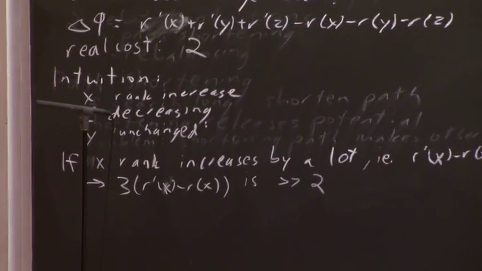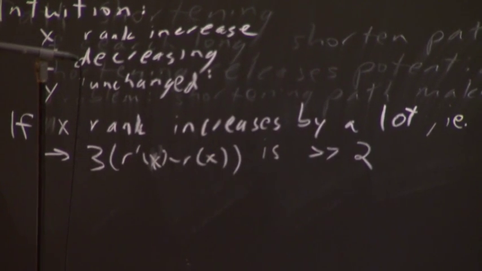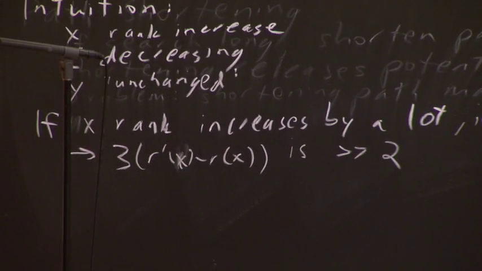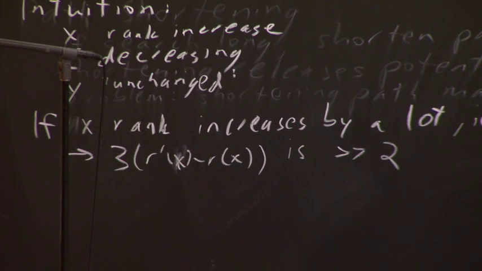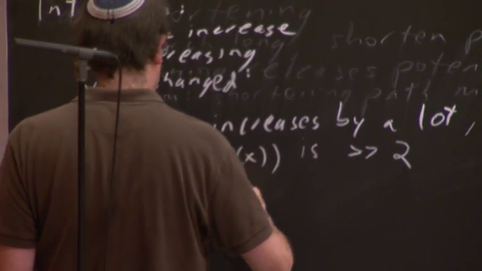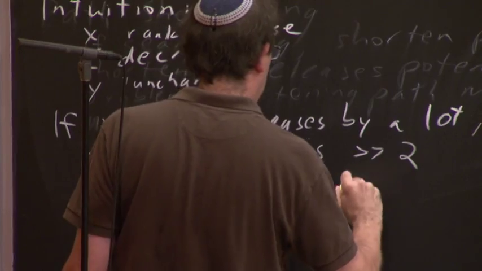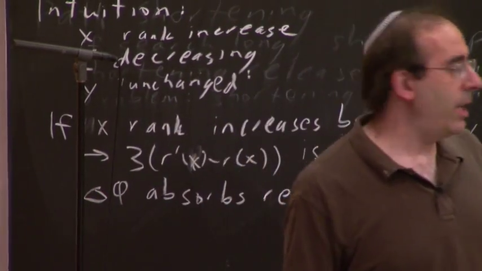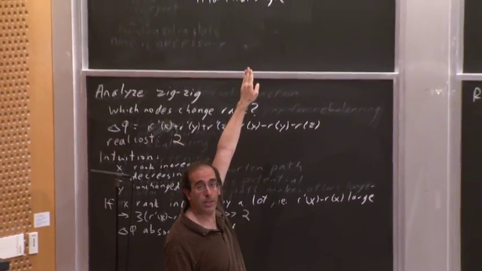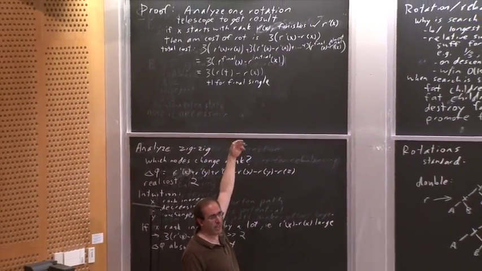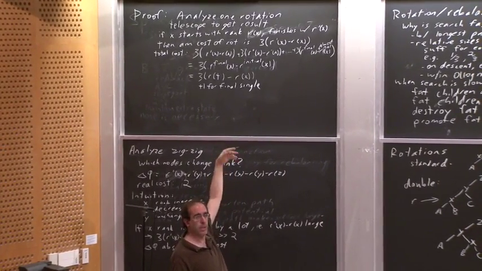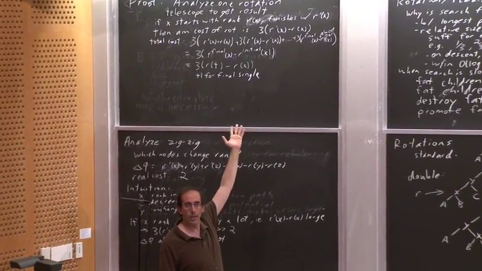In other words, if the rank of x goes up by a lot, then the change in potential is going to absorb the real cost. If the change in potential is very large, in other words, where the claimed amortized cost is very large, well, it's fine. Claiming an amortized cost is very large is easy, because you can just swallow up the real cost as part of this large amortized cost that you're claiming.